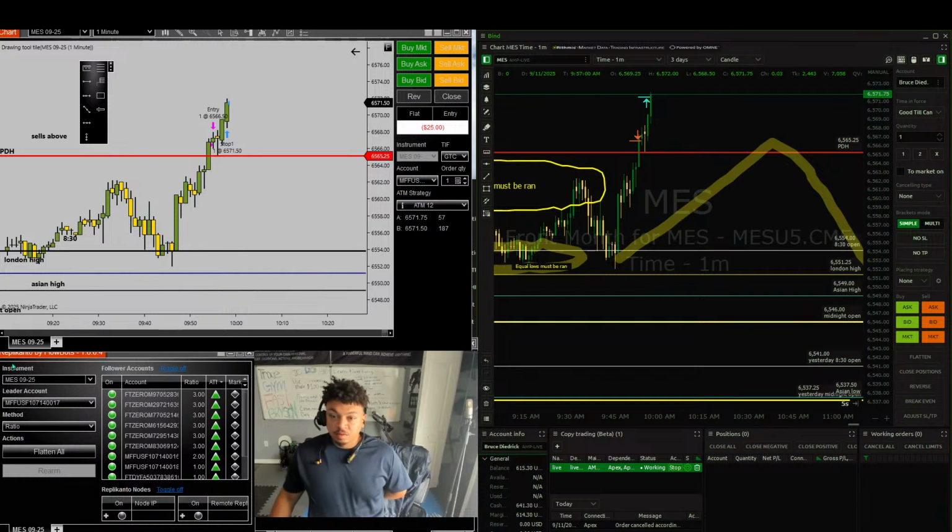Flattened all the positions. Yeah, that wasn't optimal. Should have just taken the 8:30, especially if I'm going to draw the line. Let's see if we can get it to confirm bearish bias.